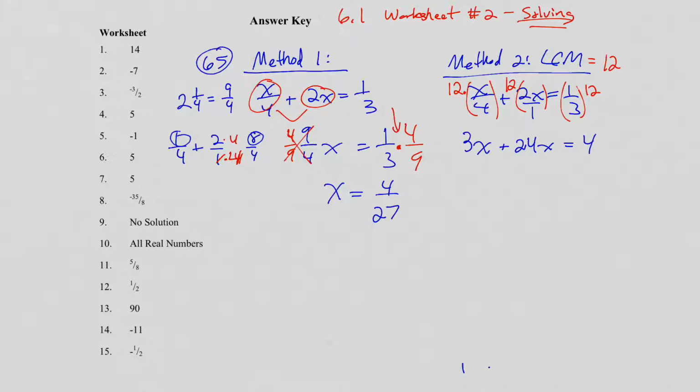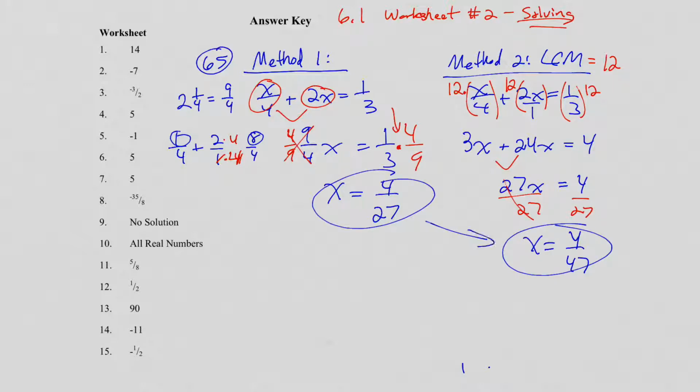And then I add these two up here because they're like terms. And I get, so notice the fractions are totally gone. Gives me 27x. And I'll divide both sides by 27. And as you can see, we get the same exact thing. Okay.